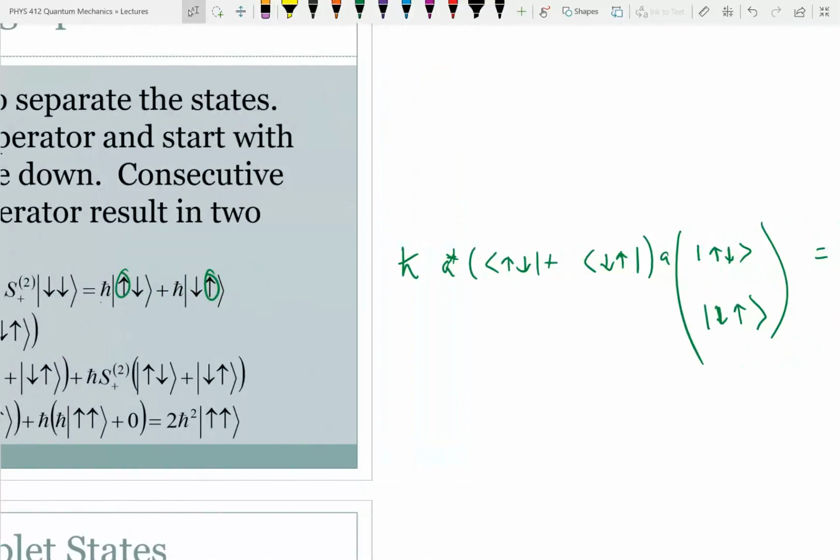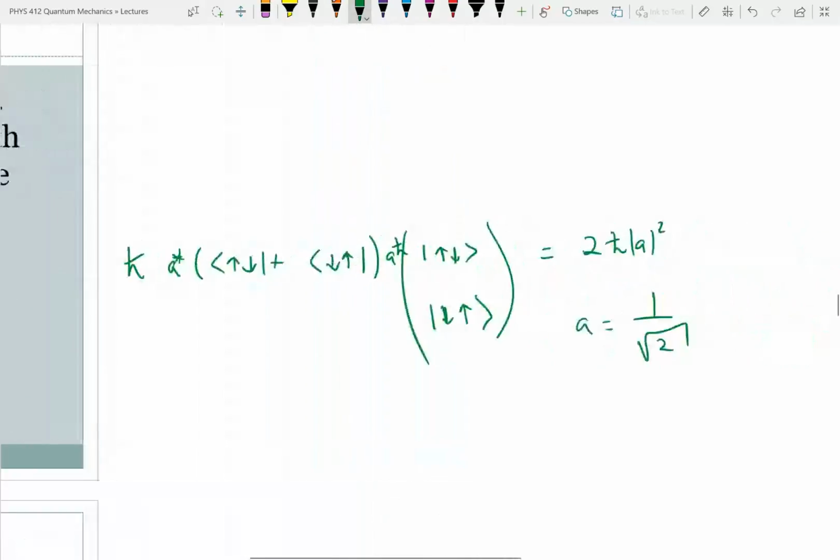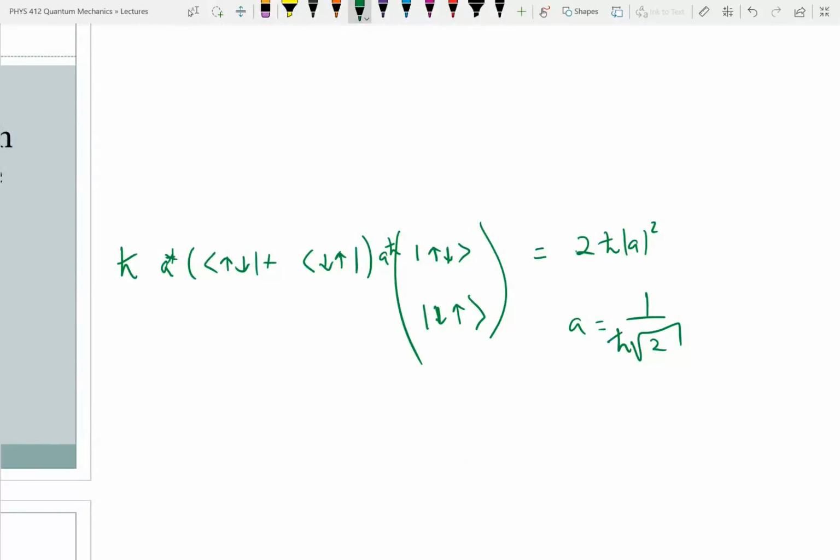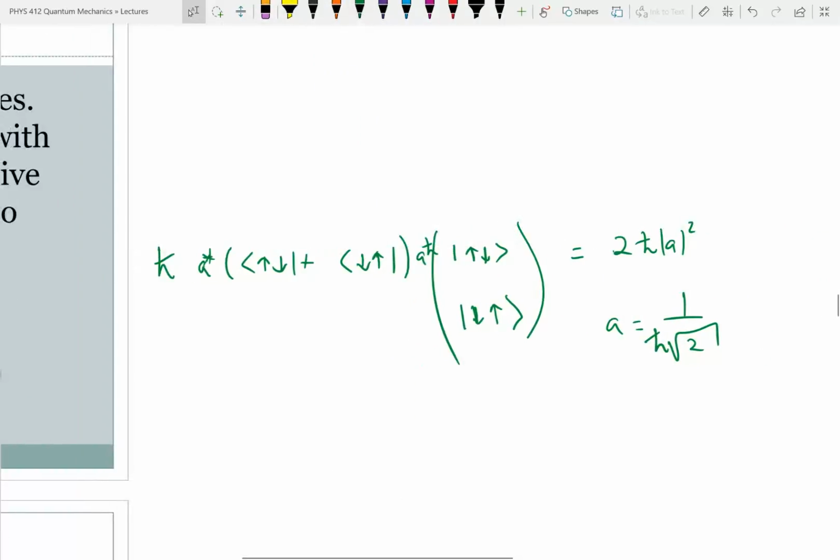There should have been another h bar here, actually. It doesn't really matter. So my state is 1 over root 2 times up, down plus down, up. That's my normalized eigenstate.